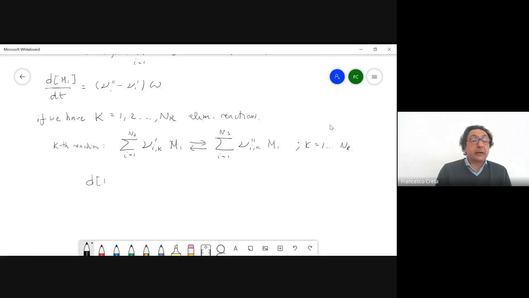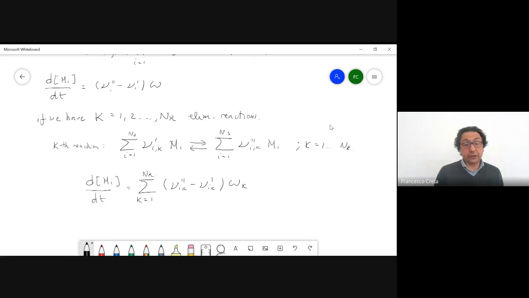So in fact, overall, if I am to write down the ordinary differential equation, the rate of change of the molar concentration of a species, which is present in a more complex chemical kinetic mechanism, what I have to do is simply sum on all the reactions. And in each reaction, I will write nu_ik double prime minus nu_ik prime, times omega_k.